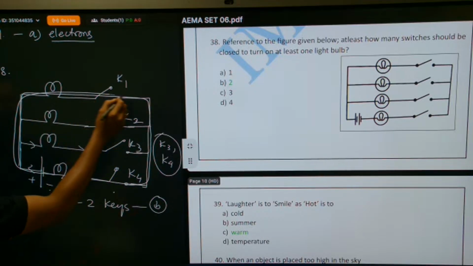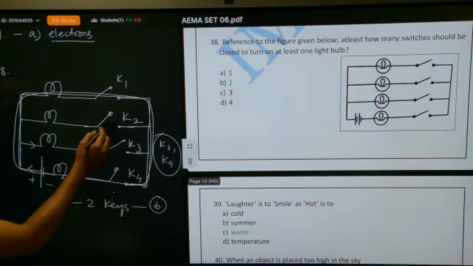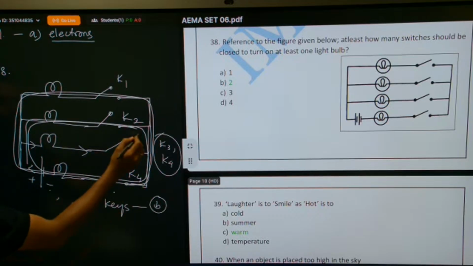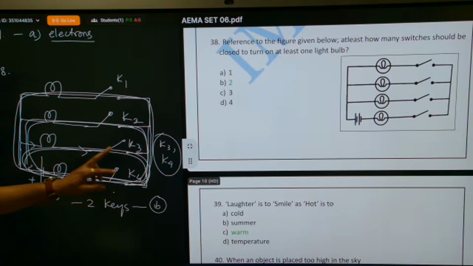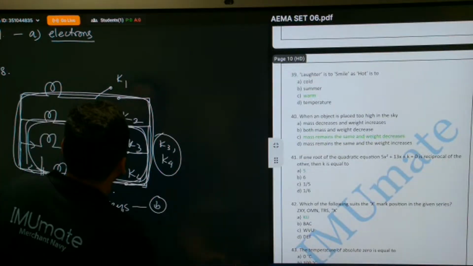Can you see? Then also 2 bulbs will be in on position. If you connect K2 and K4, then current will be in this circuit. If you connect K3 and K4, current will be in the lower part. So at least 2 keys have to be connected, in on position. They have to be on. There is one more question.